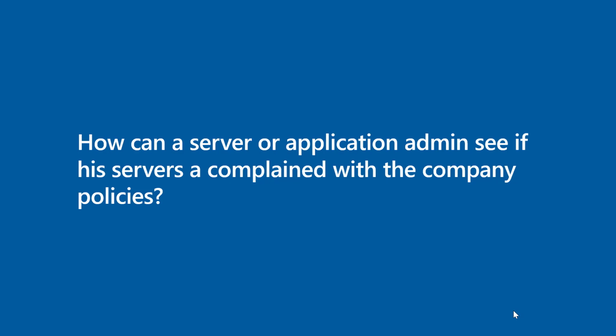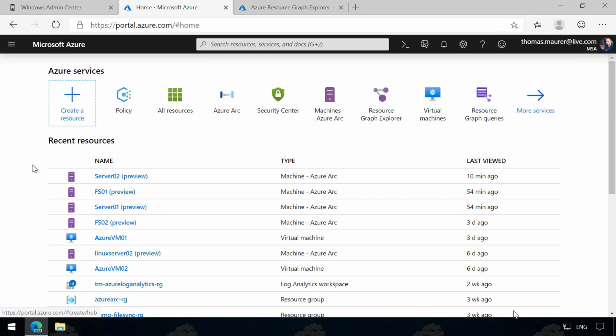But now think about it. I'm an application owner. I have a couple of servers, some of them running in Azure, some of them probably running on-prem. How do I get a view, and how can I see what is configured the right way, what is not? For that, we have another demo, which I want to quickly show you.